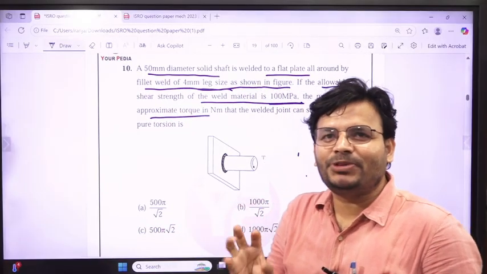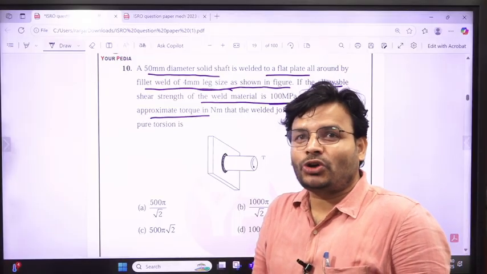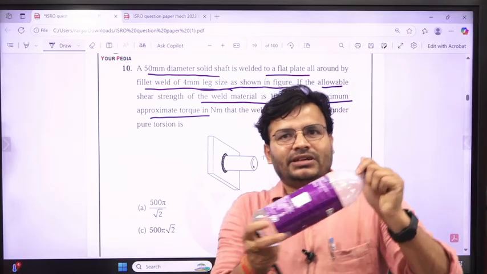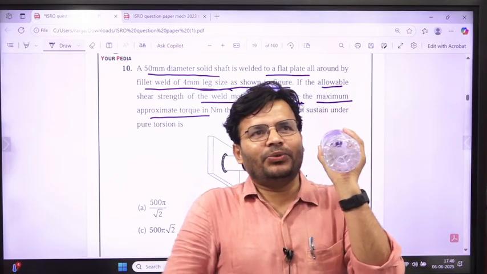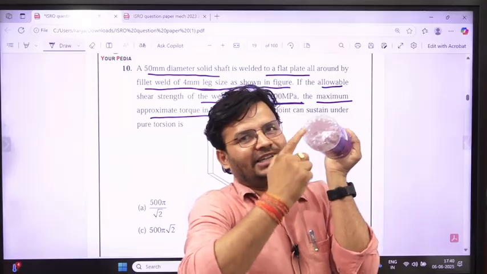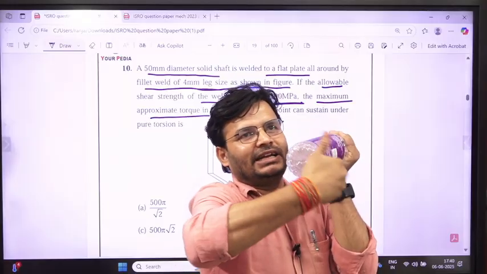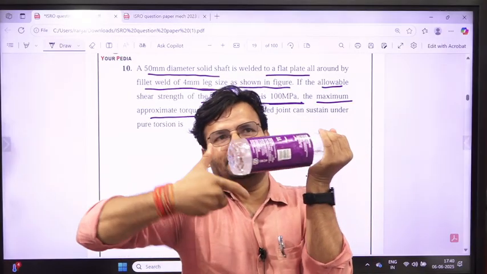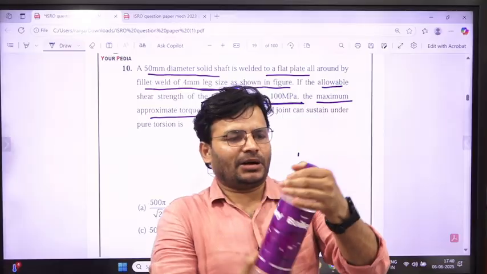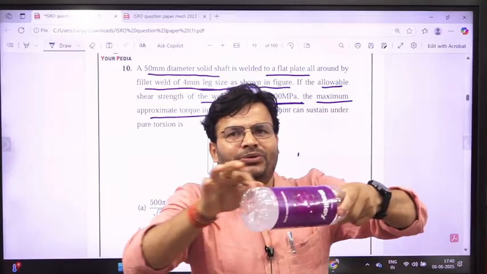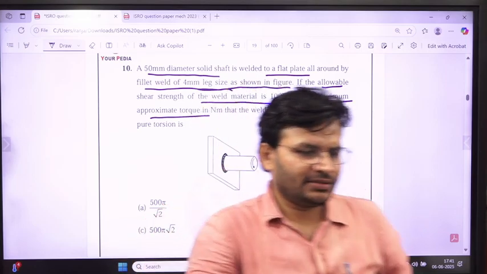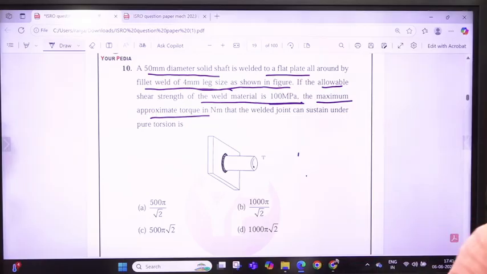Whenever the moment acts along the plane of the cross section of the object, it produces twisting. But if the moment acts in the longitudinal axis, equal and opposite, then it gives bending.